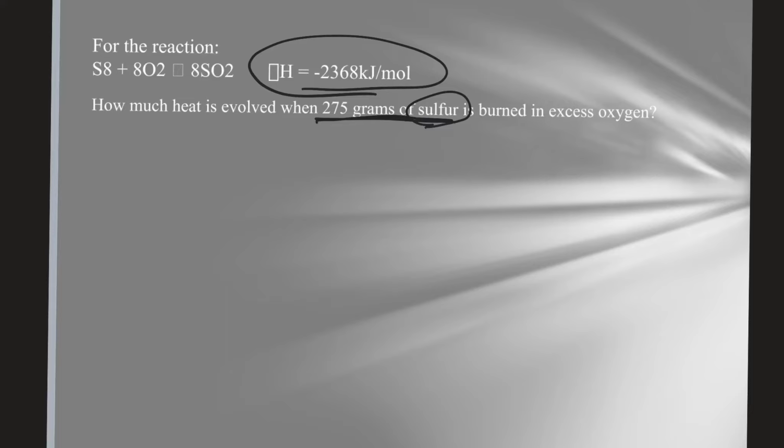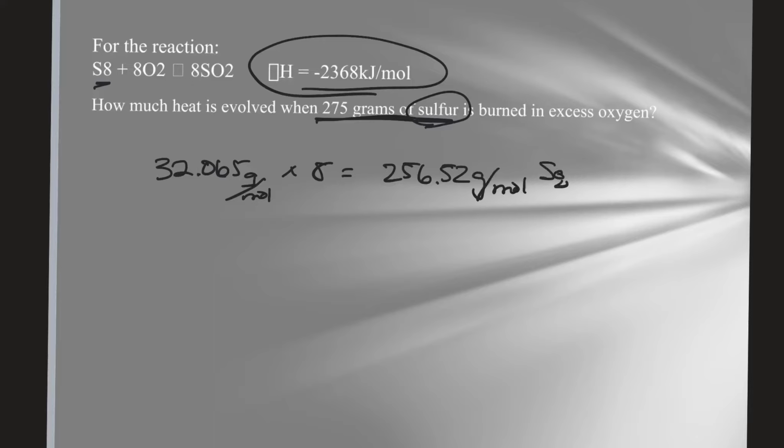Here sulfur is S8, so there are 8 sulfurs combined together. The molar mass of sulfur is 32.065, and because there are 8 of them, you multiply this by 8 and get about 256.52 grams per mole. That's the molar mass of S8.